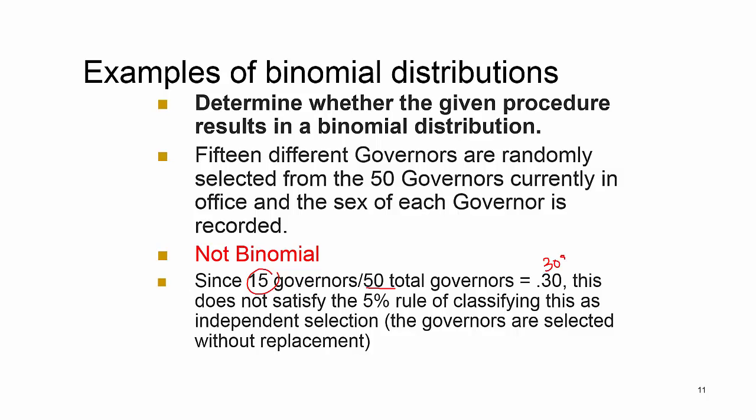That's 30%. Because this does not satisfy the 5% rule for classifying it as independent, this does not qualify as a binomial sampling. We have to keep in mind that the governors are selected without replacement, so each governor doesn't really have an equal chance of getting selected if we did this type of procedure.